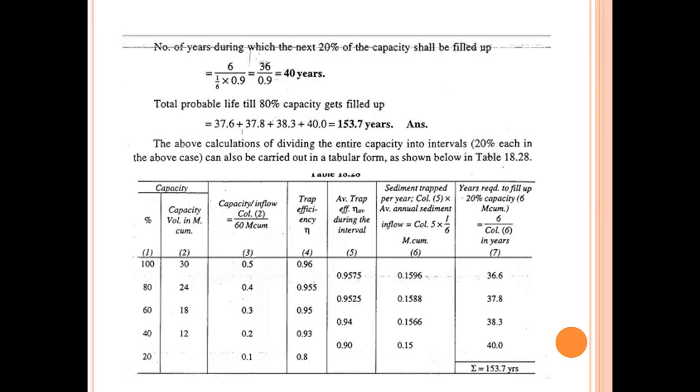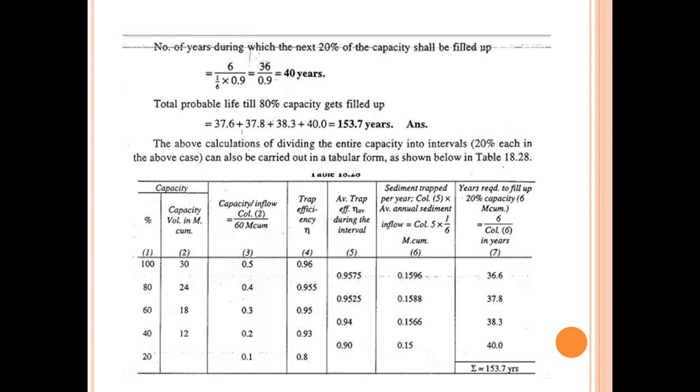After that, we add all the years: 37.6, 37.8, 38.3 plus 40. Total 153.7 years. That means in 153.7 years, the 30 MCM capacity of the reservoir is reduced to 6 MCM capacity.